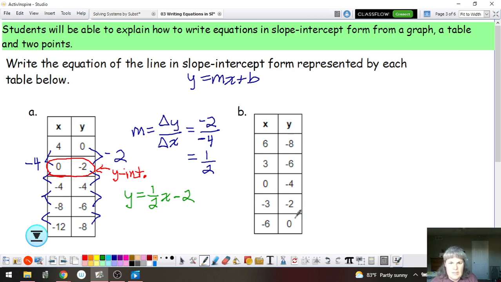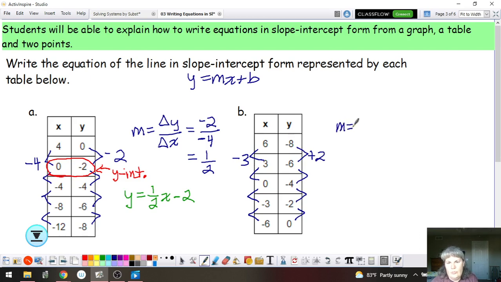Let's take a look at the table on the right. If we find how x is changing, x keeps getting smaller, so it's decreasing by 3. If we look at the y values, it gets larger by 2.